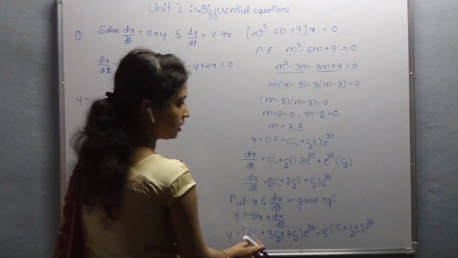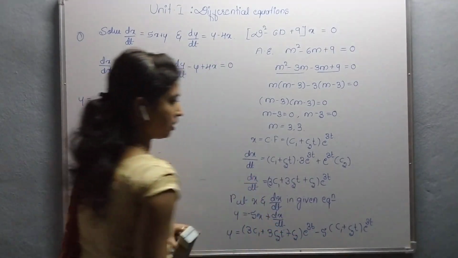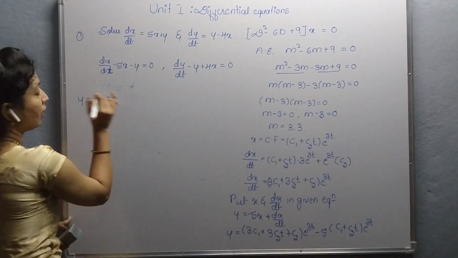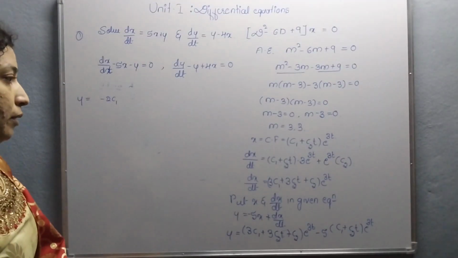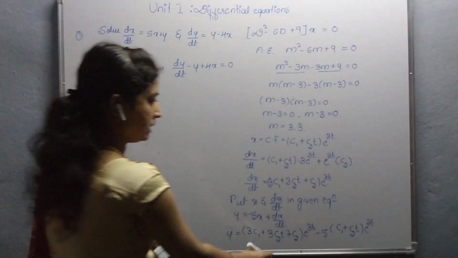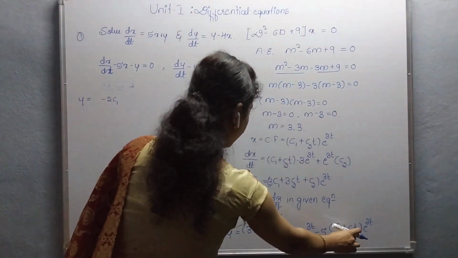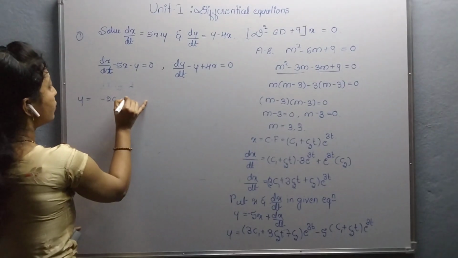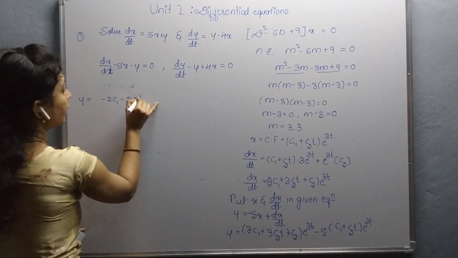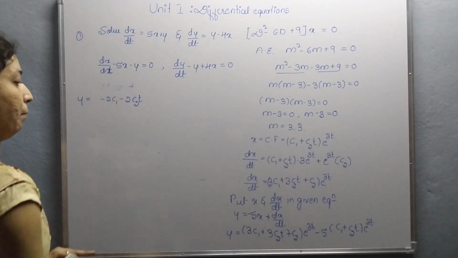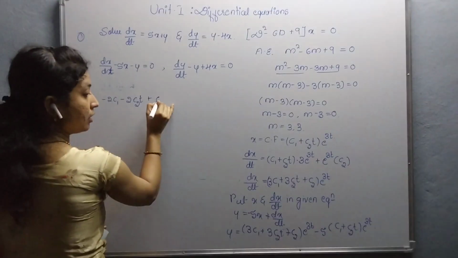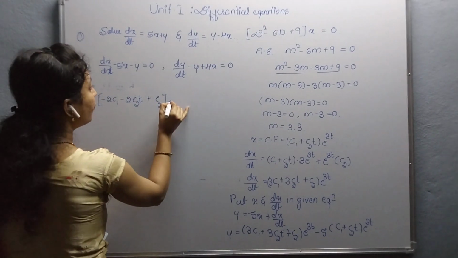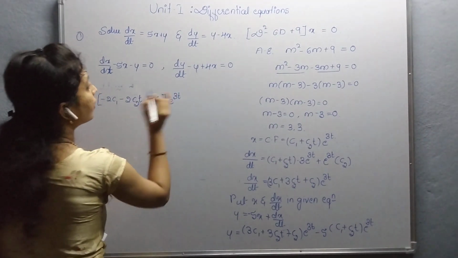Here we have 3c1 and minus 5c1, it becomes minus 2c1, and the c2 terms, plus 3c2 and minus 5c2 t, it becomes minus 2c2 t, plus c2, into e raised to 3t.